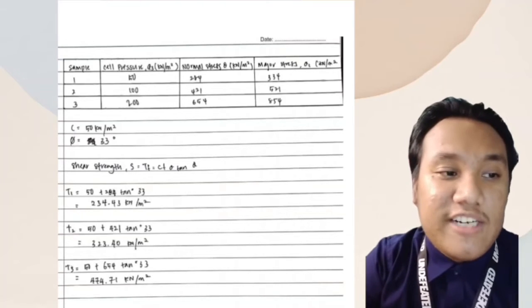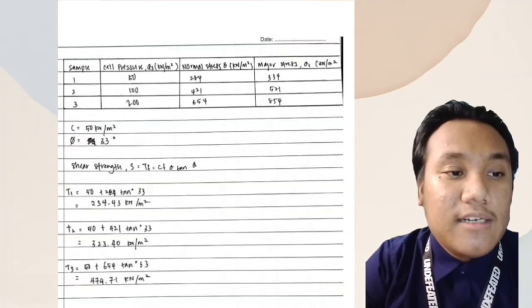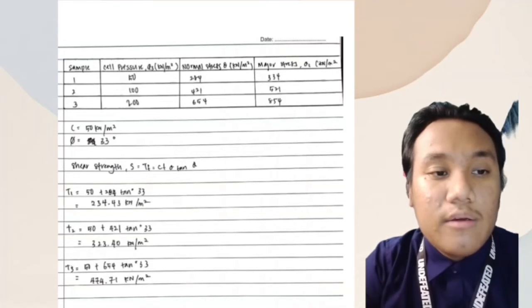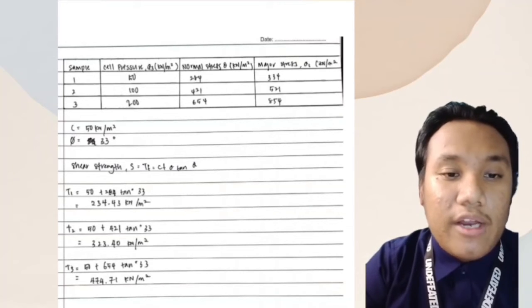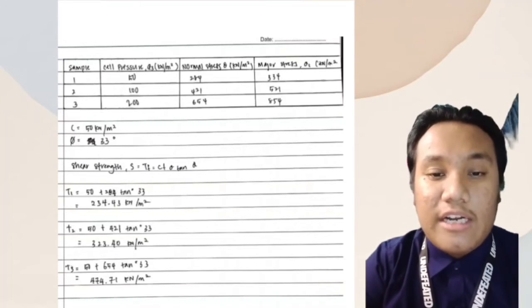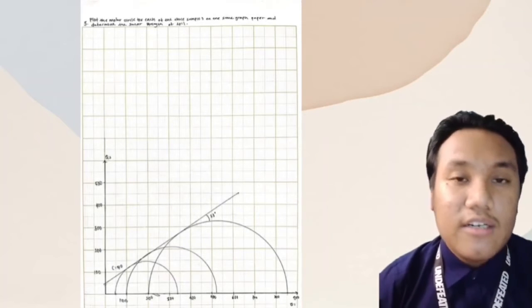To find the major stress, first take the cell pressure that is 50 plus the normal stress that is 284, and it will equal 334. As you can see, this is our Mohr circle graph.